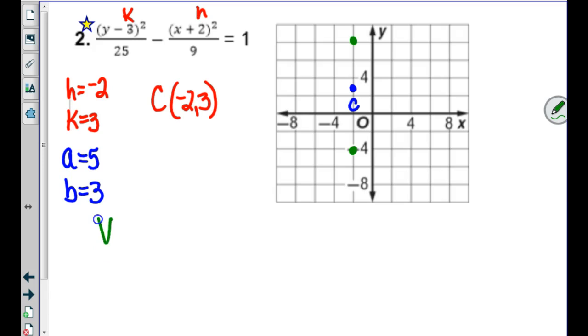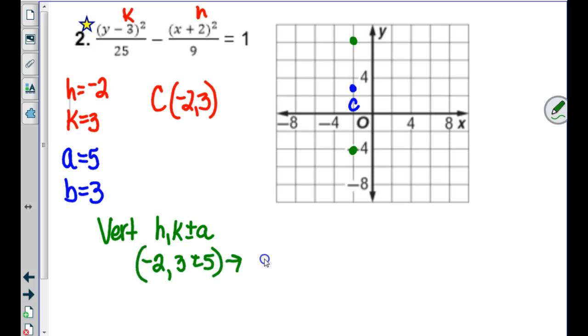Where are the vertices? What's the recipe for vertices when the Y comes first? All right, so we have -2, 3, plus or minus 5. What do those become? Because you have to write them out when it's nice whole numbers. So -2, -2.